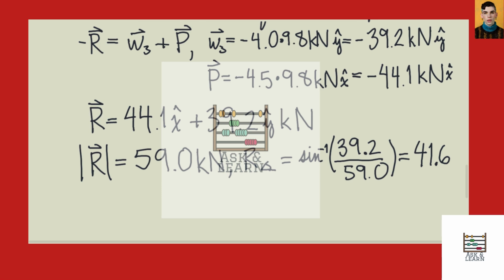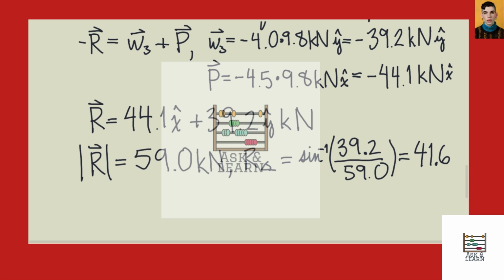Then taking the magnitude, which is going to be the square of this component plus the square of this component, and then the square root of the sum of those two squares, leaves us with a magnitude of 59.0 kilonewtons. And that vector will have an angle, in this case, I'm going to take an arc sine. That's 39.2 for our opposite leg of our right triangle over the hypotenuse of 59.0.